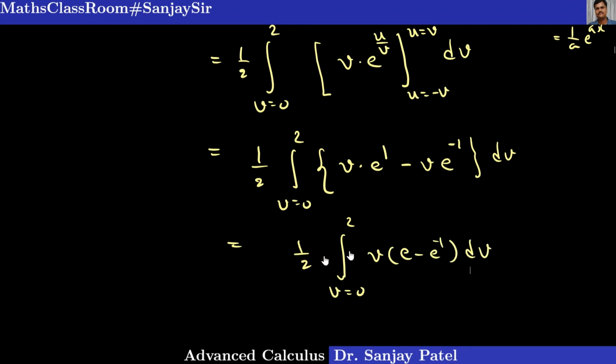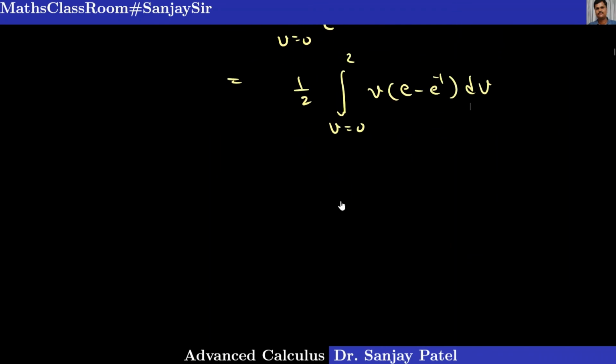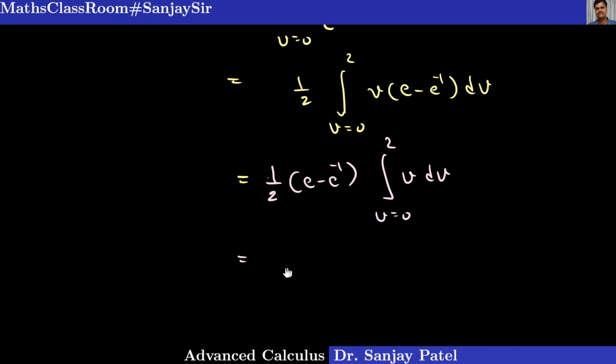So I can take the constant e minus e raised to minus 1 outside of this integral sign and rewrite this as 1 by 2 e minus e raised to minus 1 integral v equal to 0 to 2 v dv.